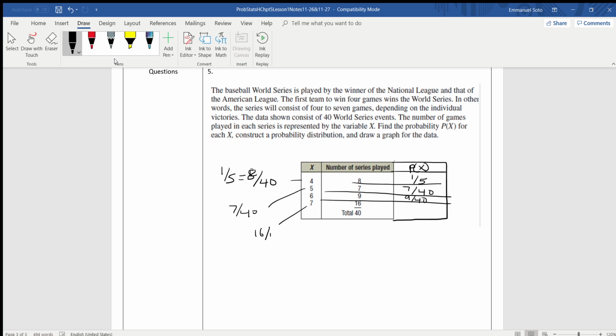But 16 out of 40, that reduces. We can divide that by 4, and that'll be 4 out of 10. And then we can divide that even more. We can divide that by 2, and that'll be 2/5. Alright, and that'll be for this guy. Alright, so that's the probability distribution there. And we're going to draw a graph.